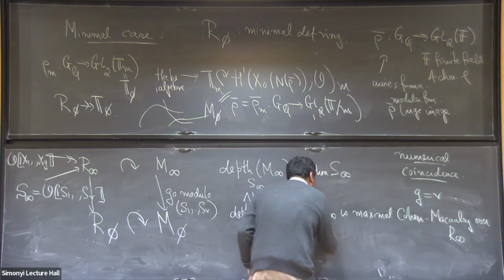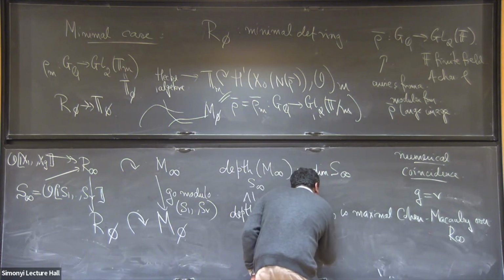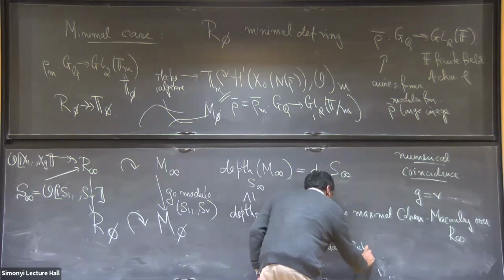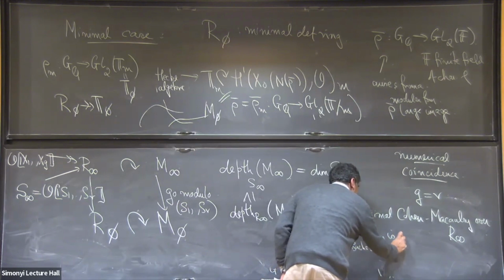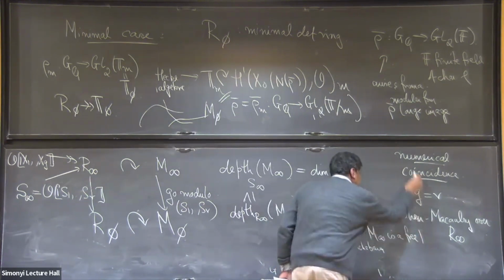So using Auslander-Buchsbaum, it follows that M infinity is a free R infinity module, using this numerical coincidence.